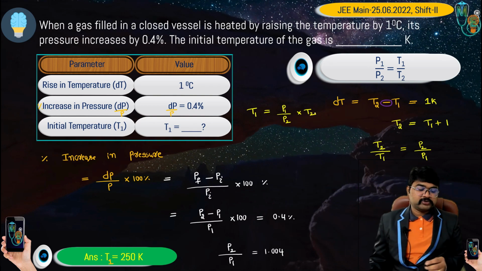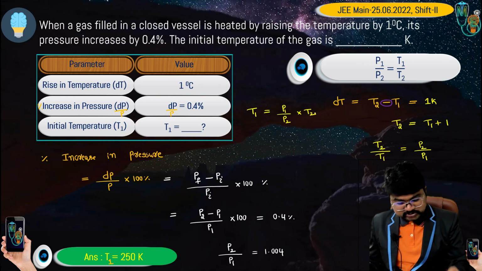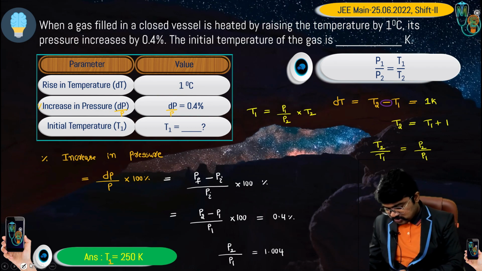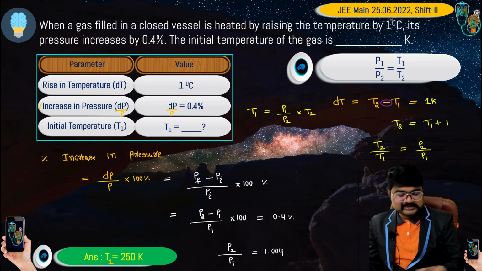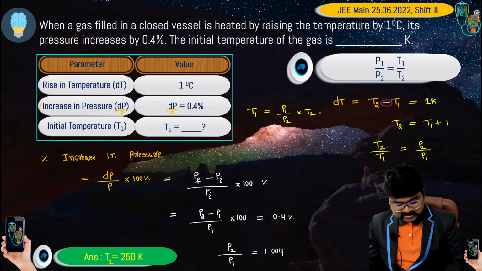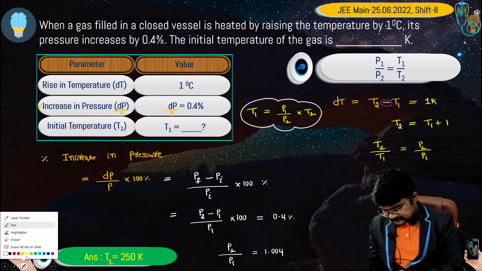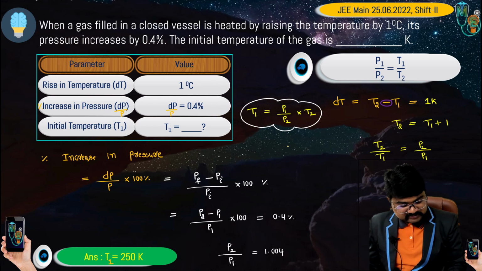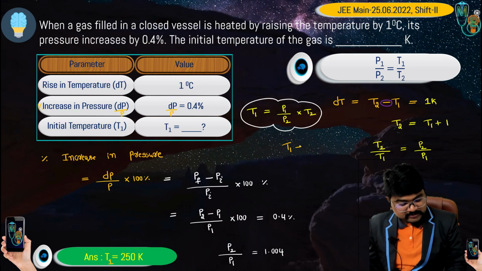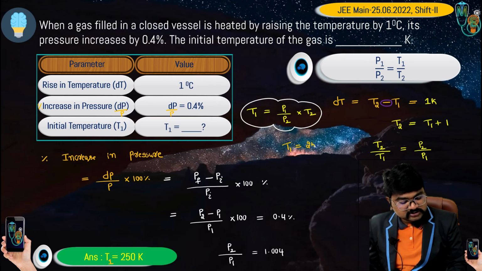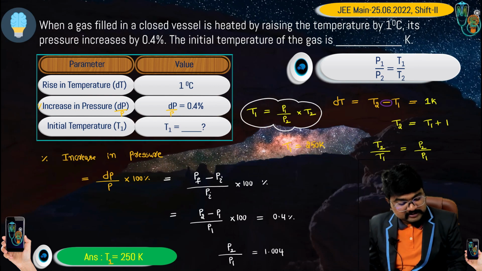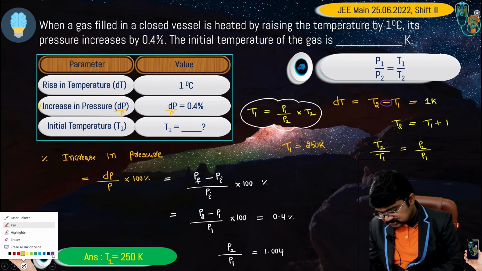So you substituted everything, and after some basic level calculations, finally we got T1 equal to 250 Kelvin. That is the final answer to this question.